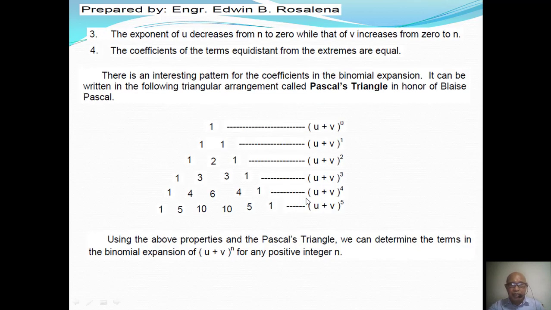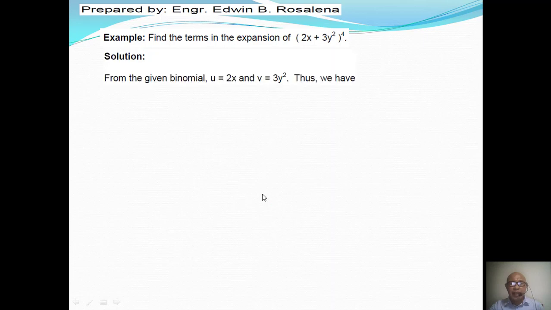Okay, nandito tayo. So, u plus v to the power 4. So, we have 1, 4, 6, 4, 1. Okay. So, balikan ko, 1, 4, 6, 4, 1. Then, how about the variables with their exponents? Okay. So, the first term is u to the power 4.